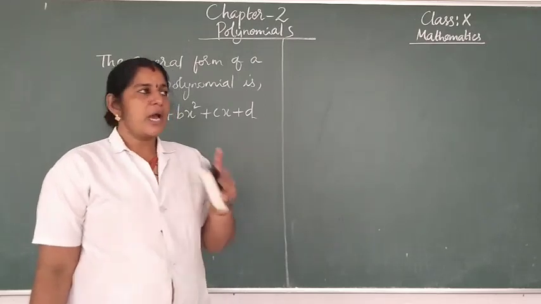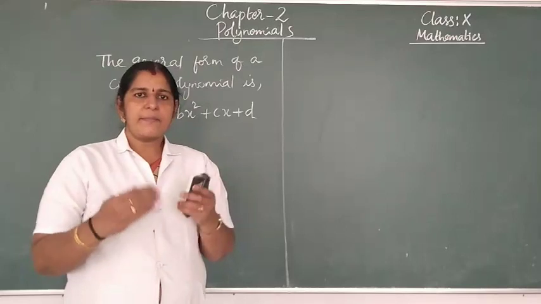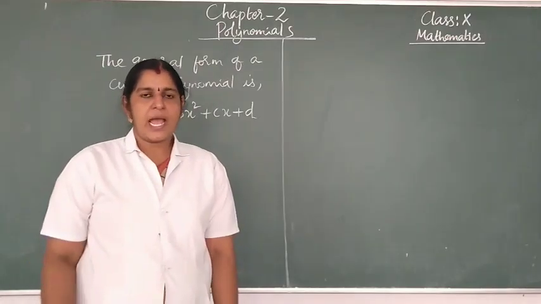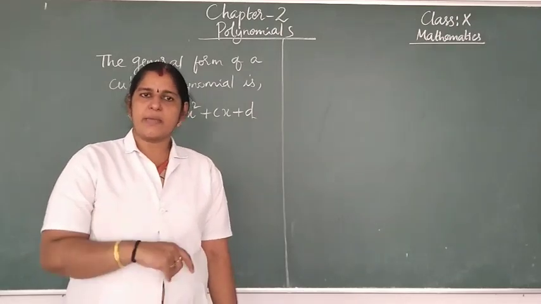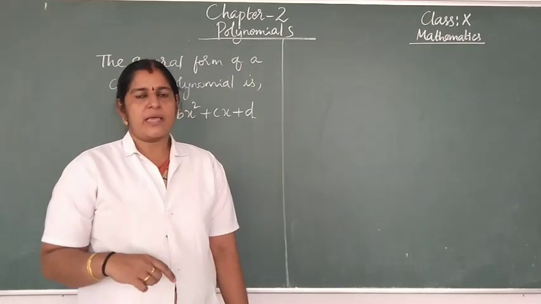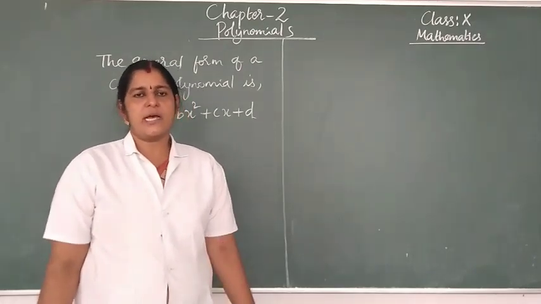So now we are going to see an example of a cubic polynomial. From that we consider the 3 zeros of that polynomial. How to find the factors of a cubic polynomial you have learned in your class 9, so we are directly going to the factors of the cubic polynomial.